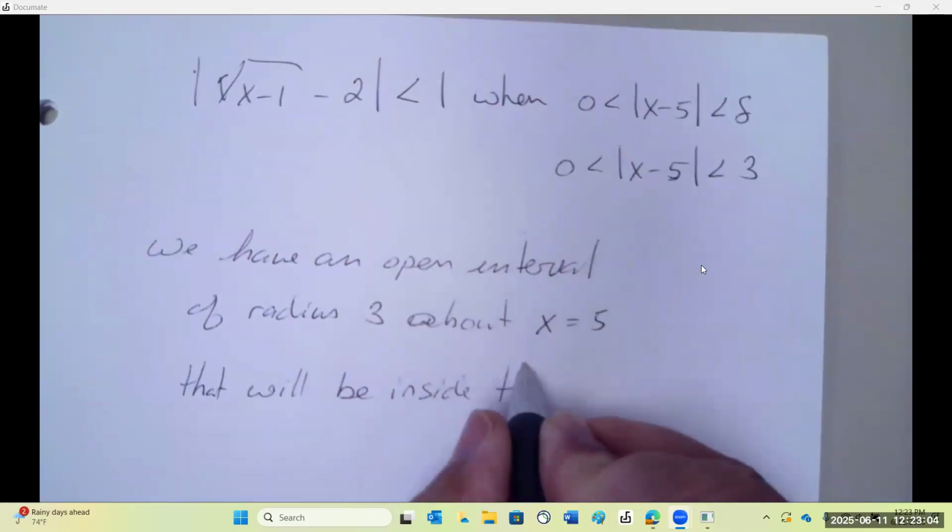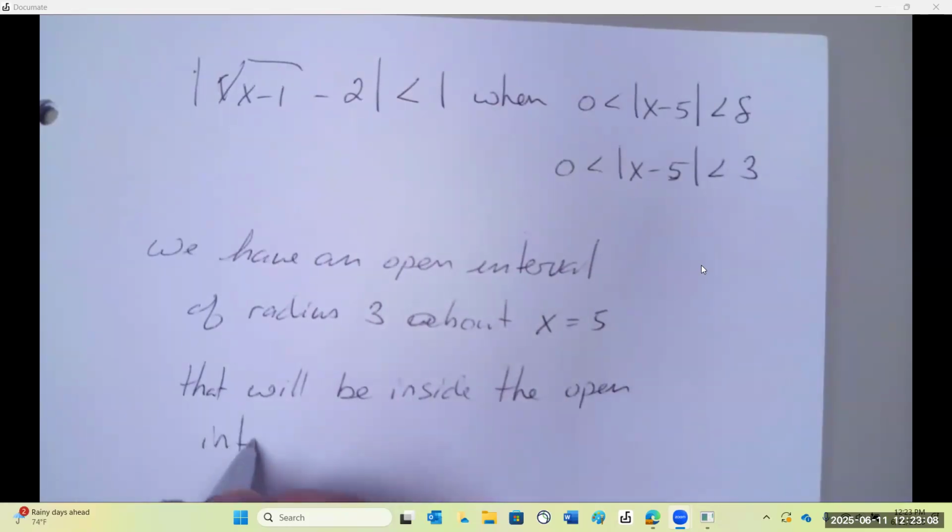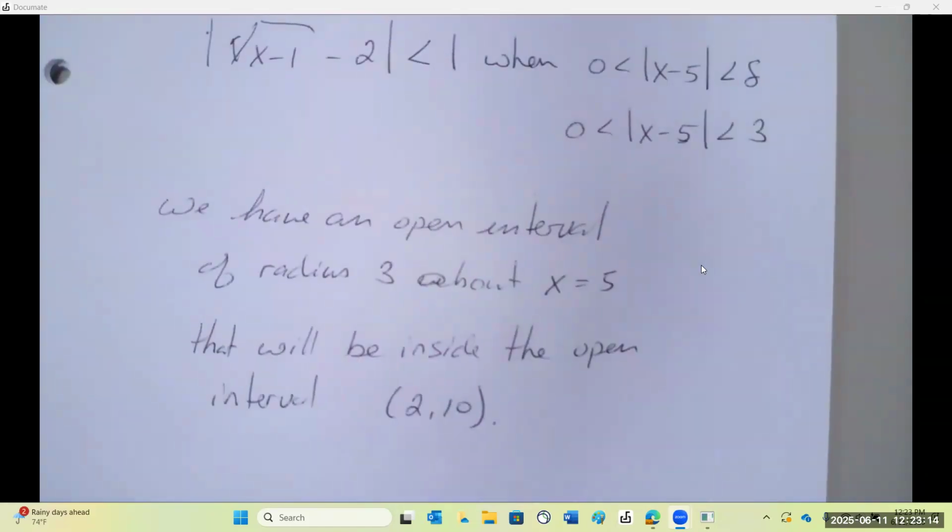They'll be inside the open interval to 10. That's what it's telling us.